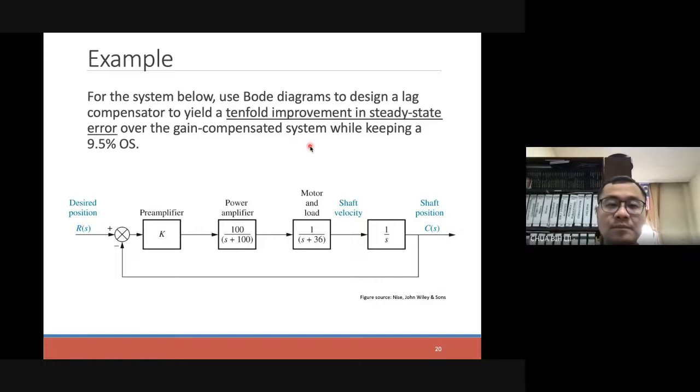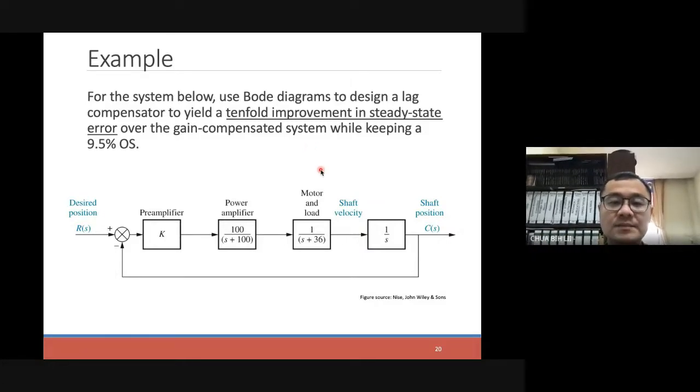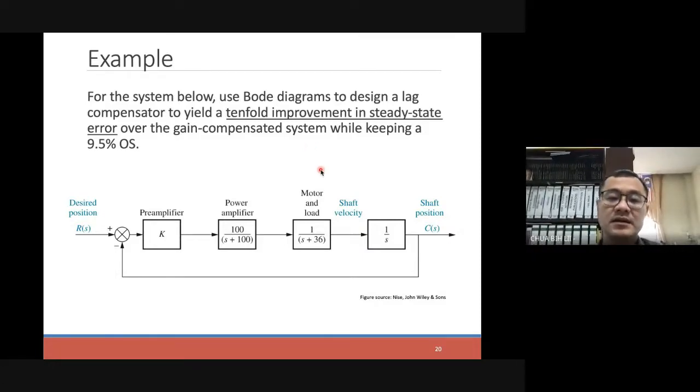Same problem as just now, but what we need to achieve here is to yield a 10 times improvement in the steady state error over the previous system.